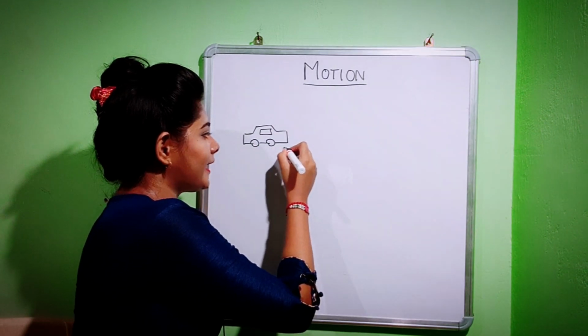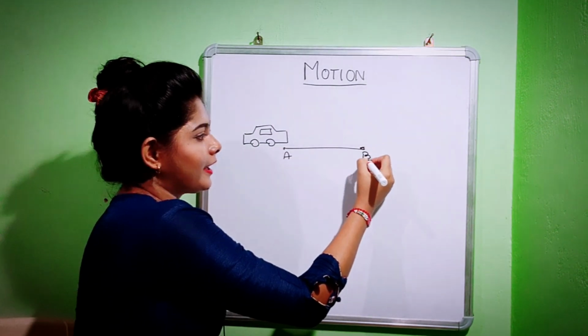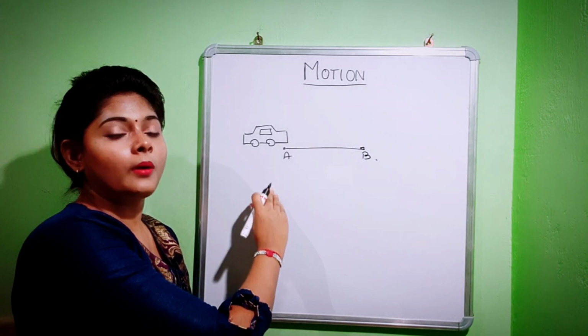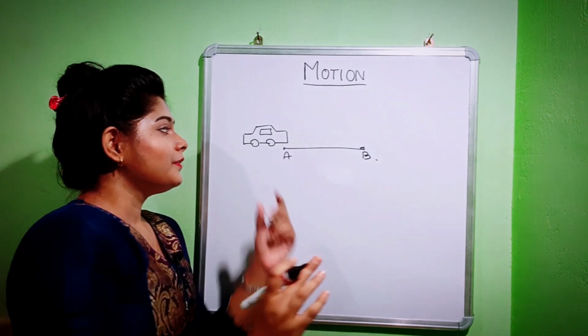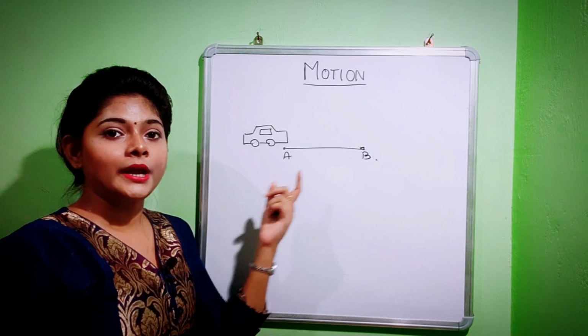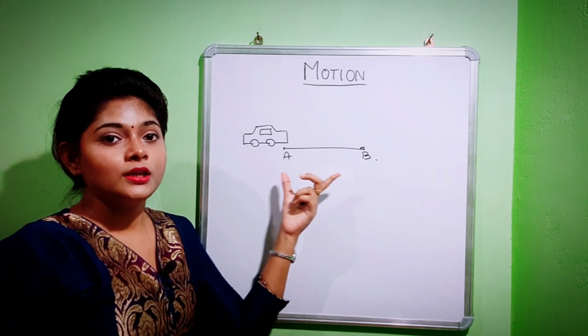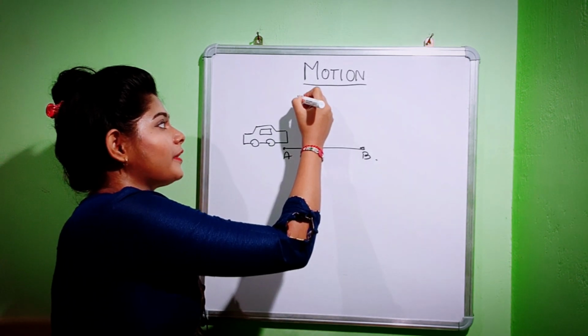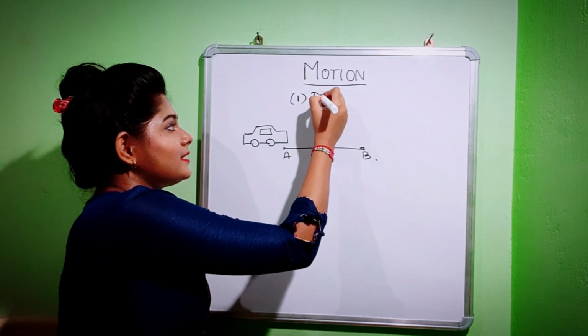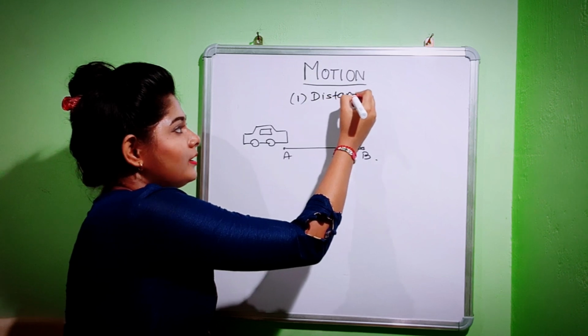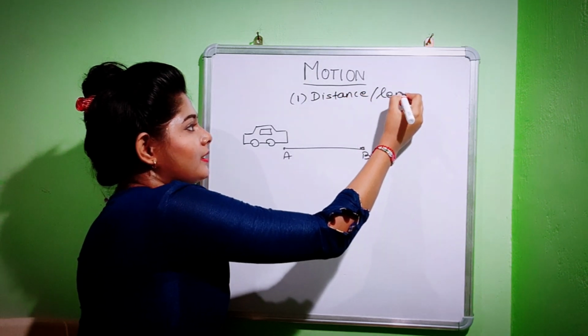Suppose this is point A and this is point B, and the car is moving from point A to point B. When the car is moving from point A to point B, it is covering some distance or some length. So the first factor on which motion depends is distance or length.